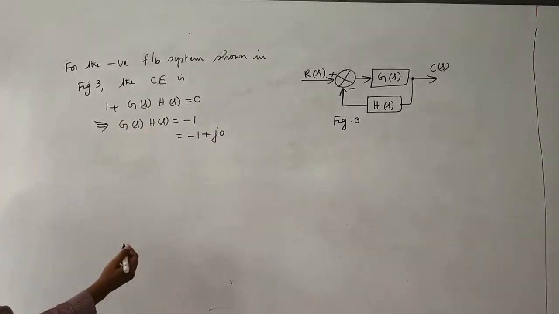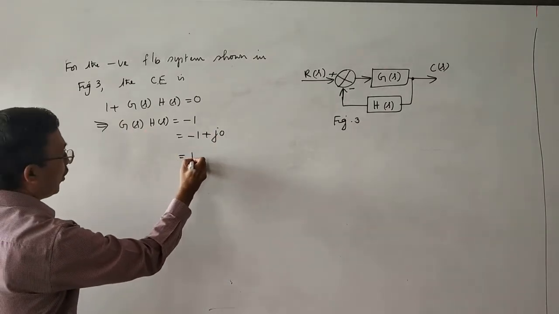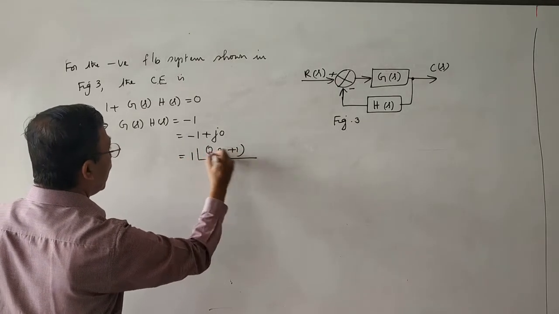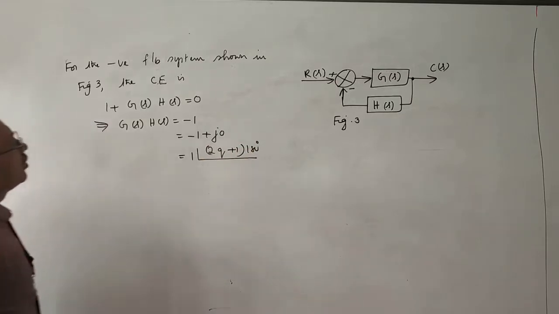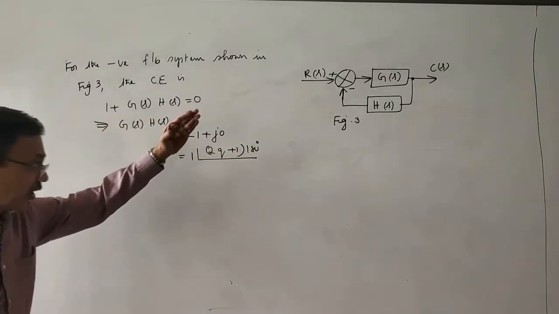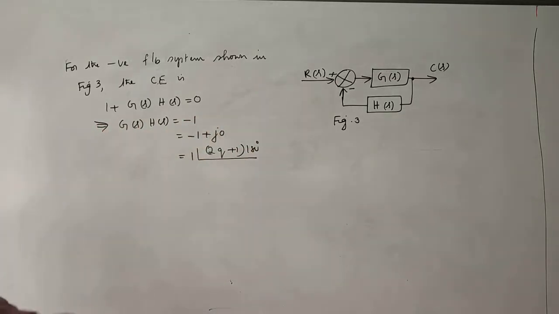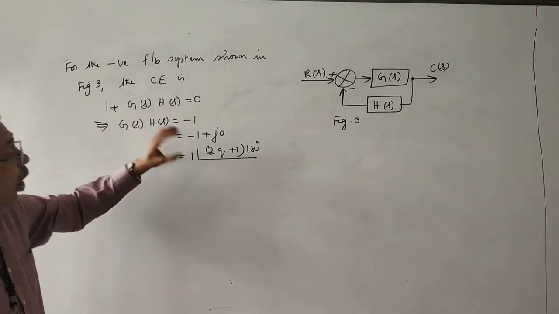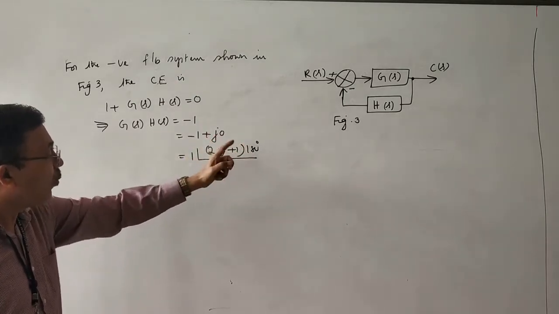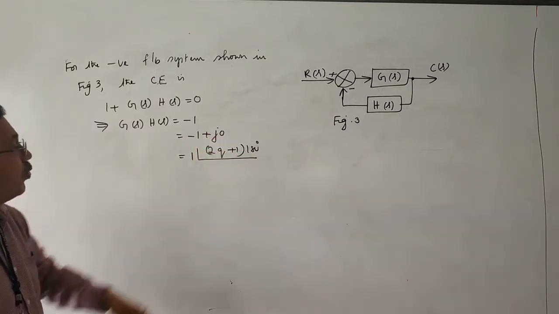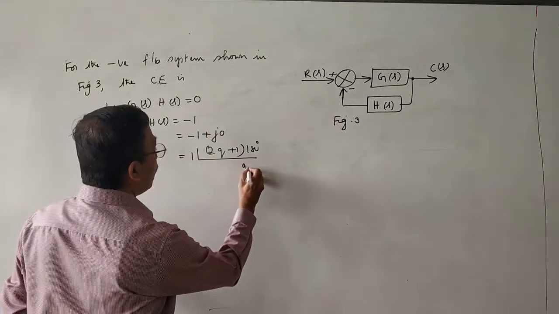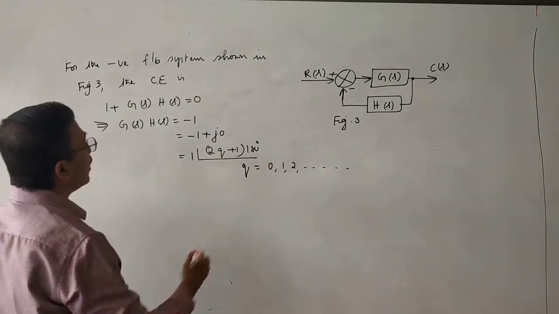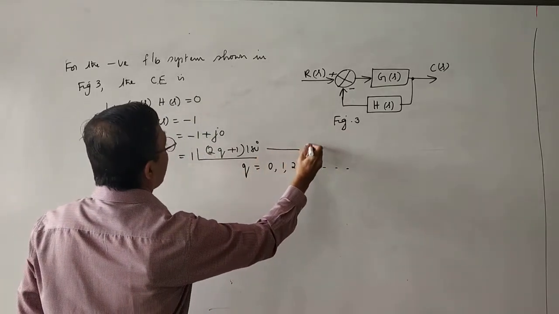In polar form, it will have magnitude equal to 1, angle equal to odd multiple of 180 degrees. Odd multiple means (2q plus 1) into 180. Here q takes values 0, 1, 2, and so on. This I call equation 2.